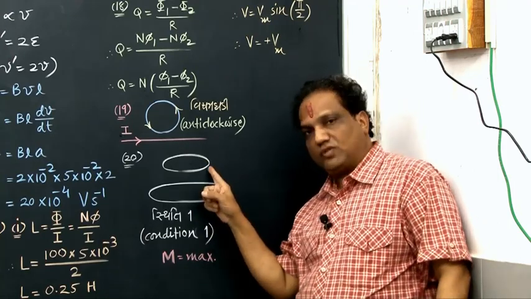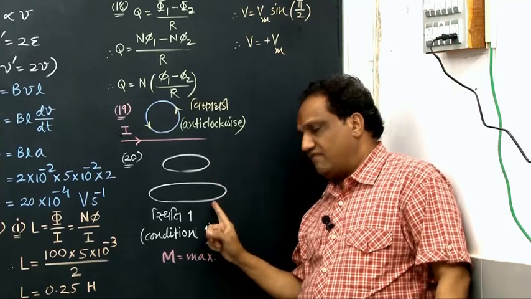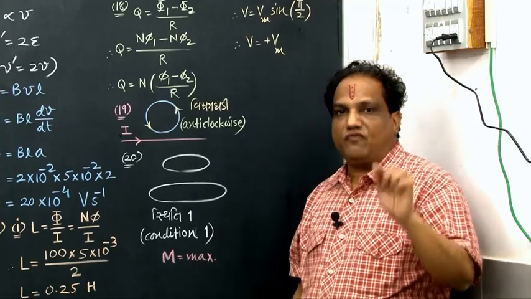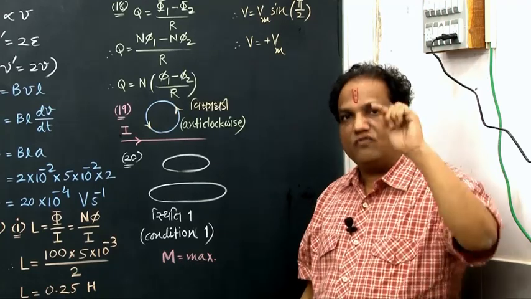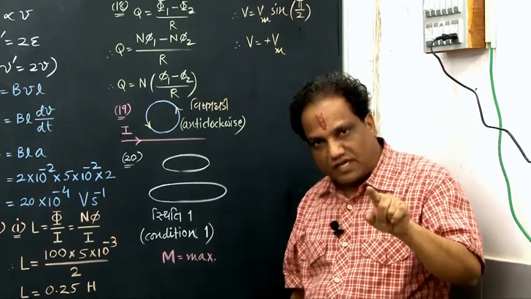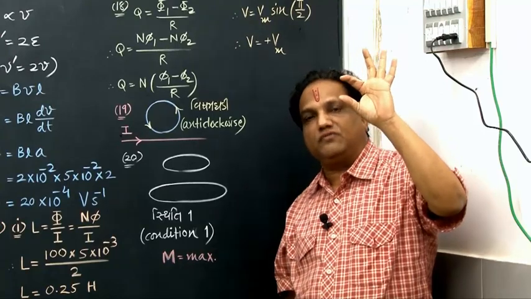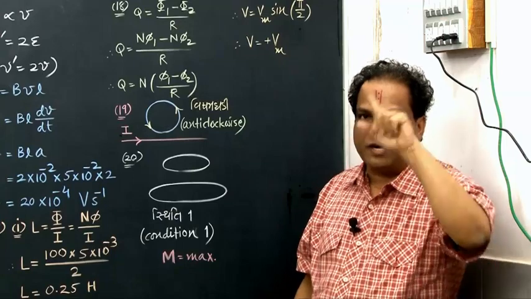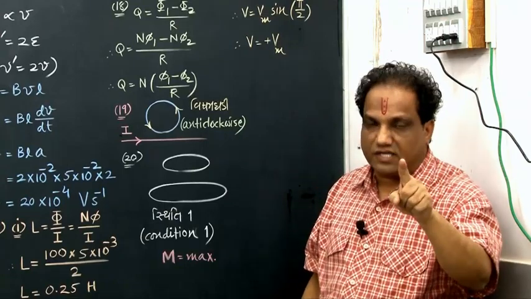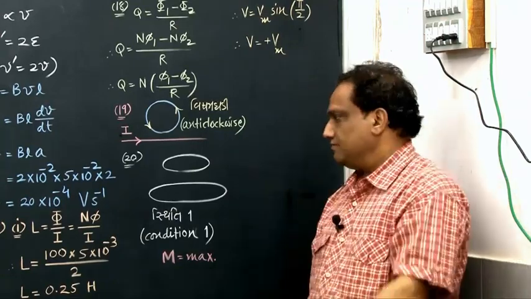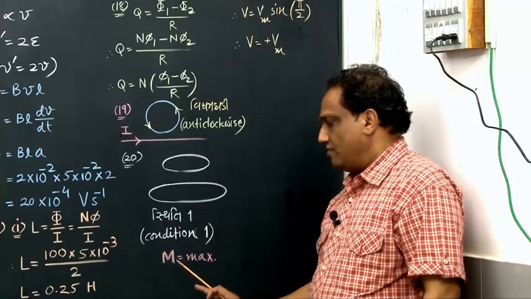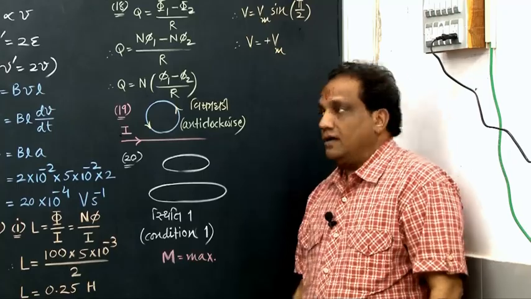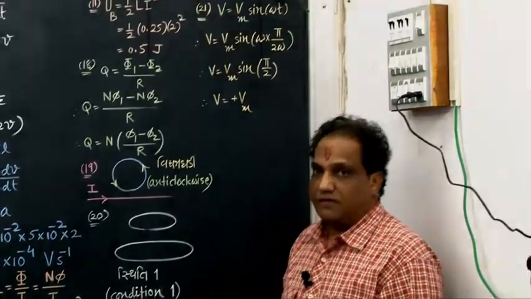I mean to say, whether you find out phi 2 upon I1 or phi 1 upon I2, in both the cases, the numerator which gives you magnetic flux is maximum. When numerator is maximum, that ratio, that is mutual inductance, also will be maximum. So in this condition, mutual inductance is maximum. Okay. Now read number 21.